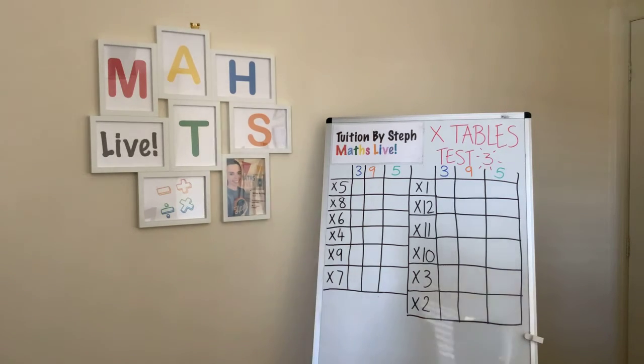So 3s, 9s and 5s. Those of you just joining in, I am here. I'm just letting everyone concentrate. So we're having a go at our 3 times table, our 9 times table, and our 5 times table this morning.